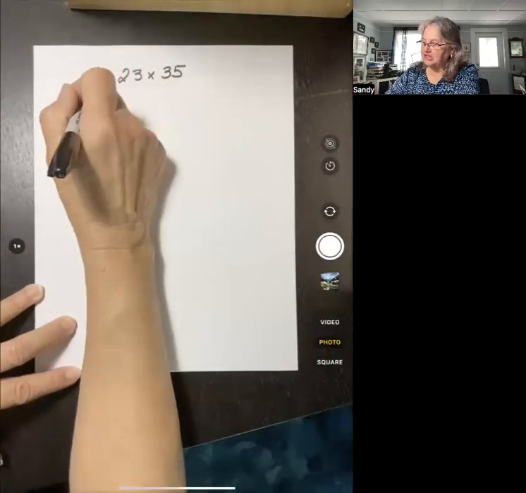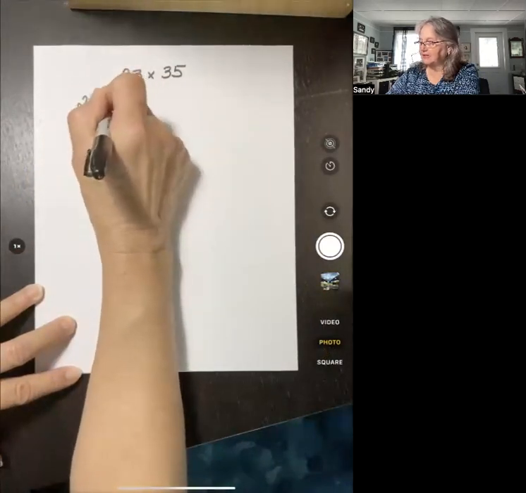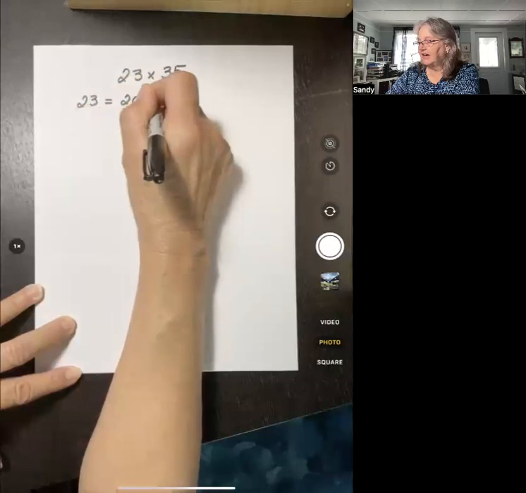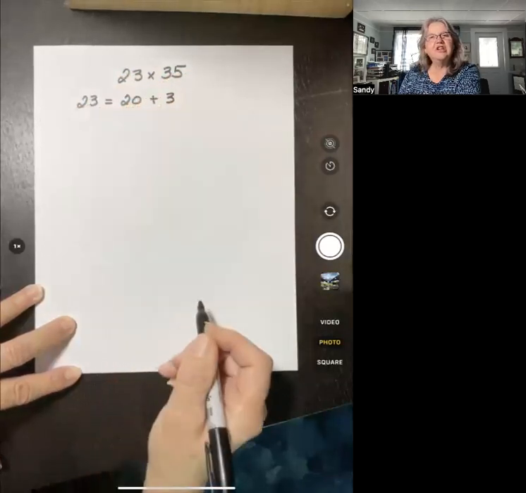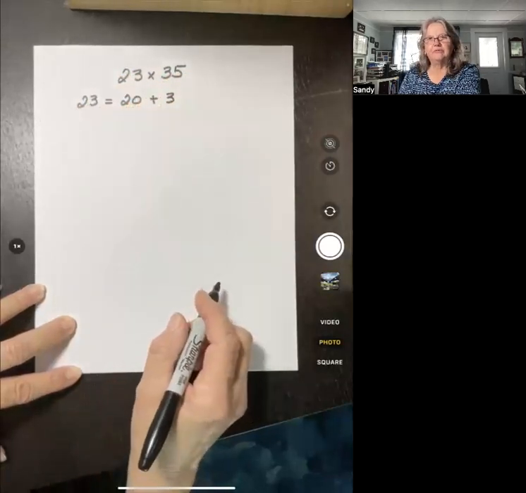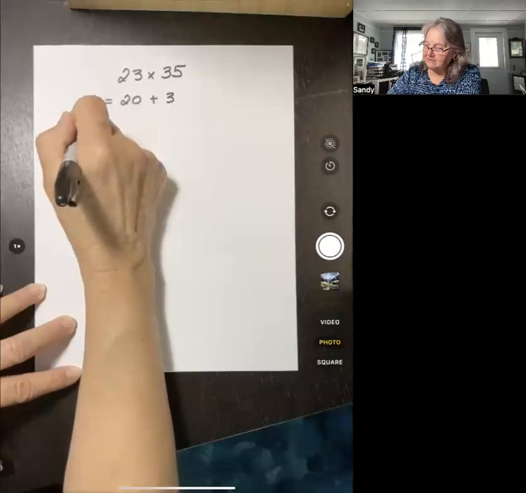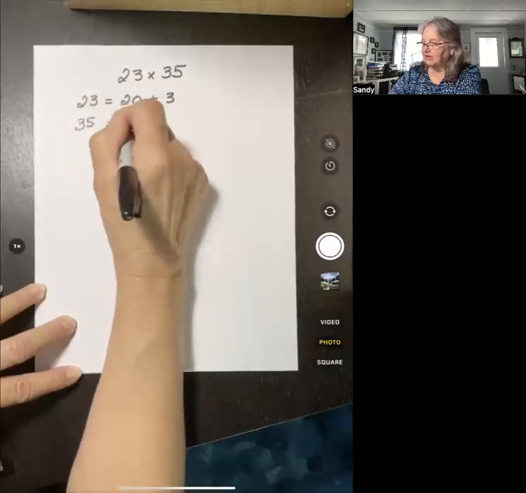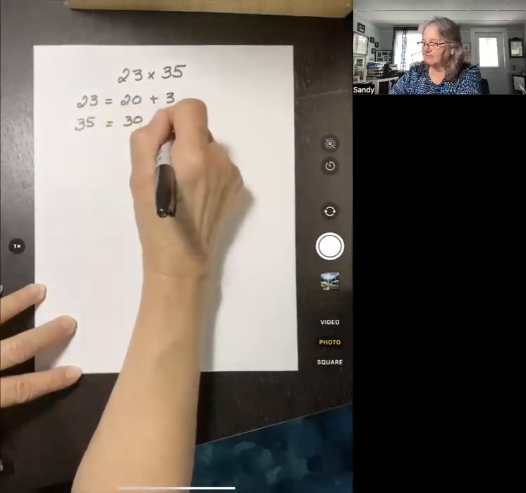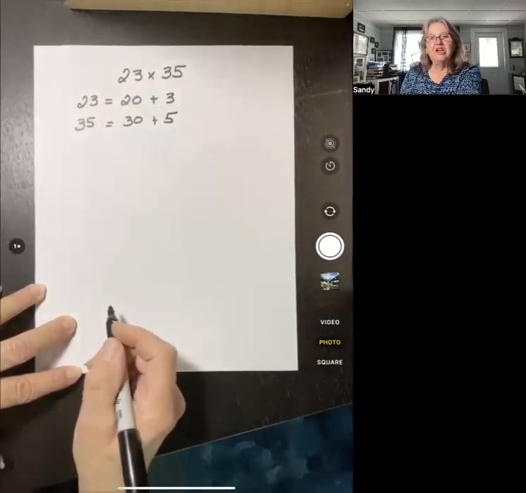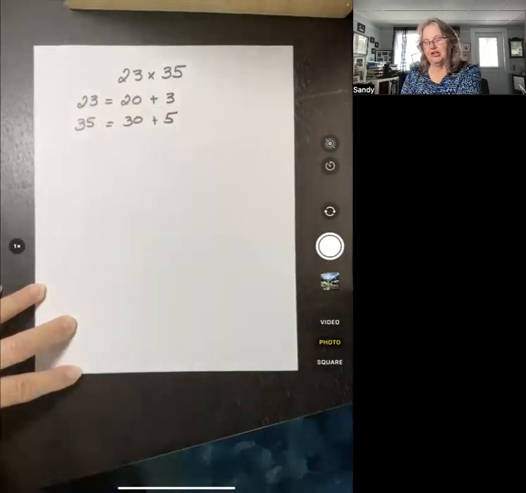So in this case, 23 in expanded form would be 20 and 3. And you can also think of it as a place value form for the number, right? We have 20 and 3, not 2 and 3. For 35, our expanded form would be 30 and 5.